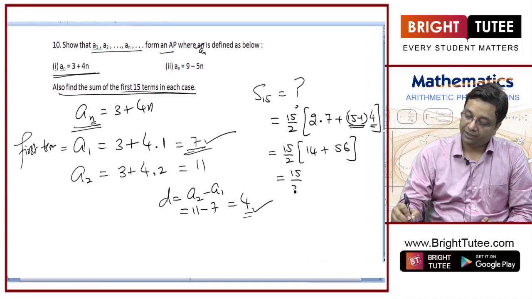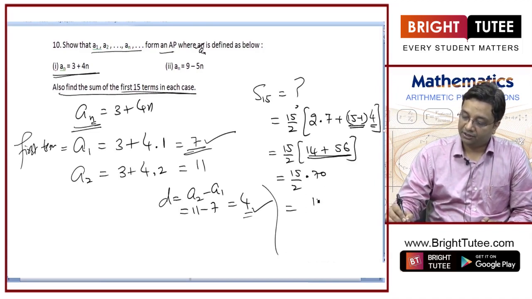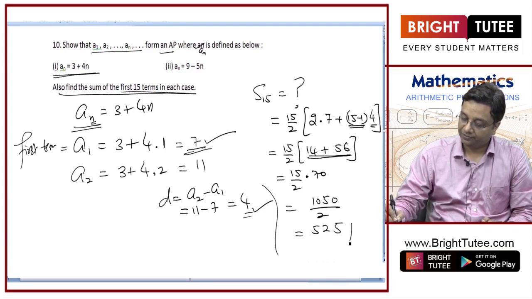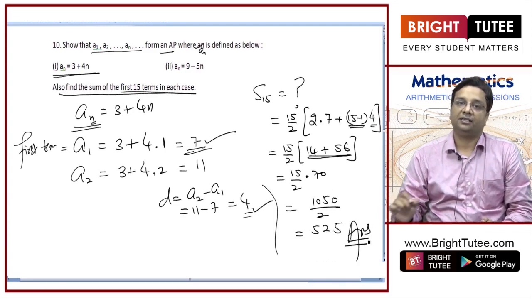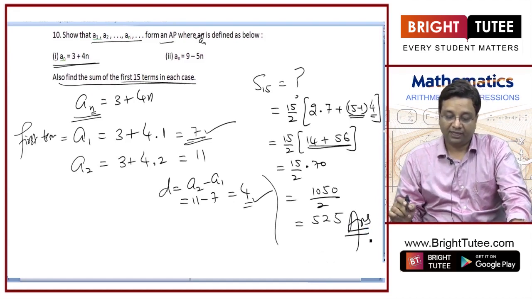This is equal to 15 by 2, 60 plus 10, 70. Right? Now you can do this calculation pretty easily. 15 7s is 105, 105 by 2 into 70 gives 525. So this is your answer. Right? So this is how we calculate the sum of n terms.